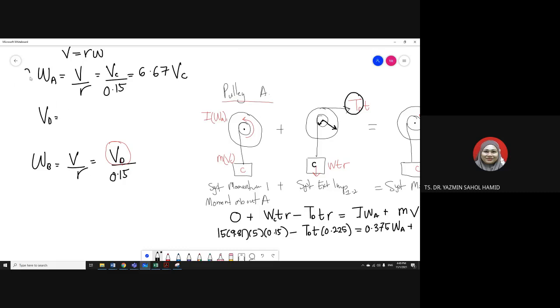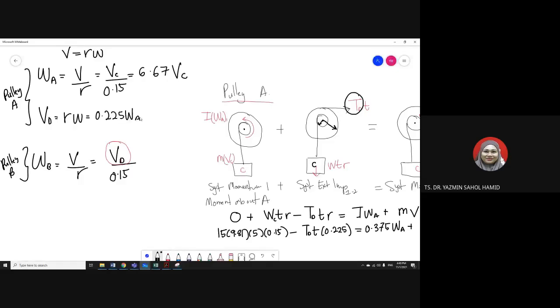This one is for pulley A, and this one is for pulley B. For pulley A, VD is the R, which uses the outer radius 0.225, multiplied by omega A.